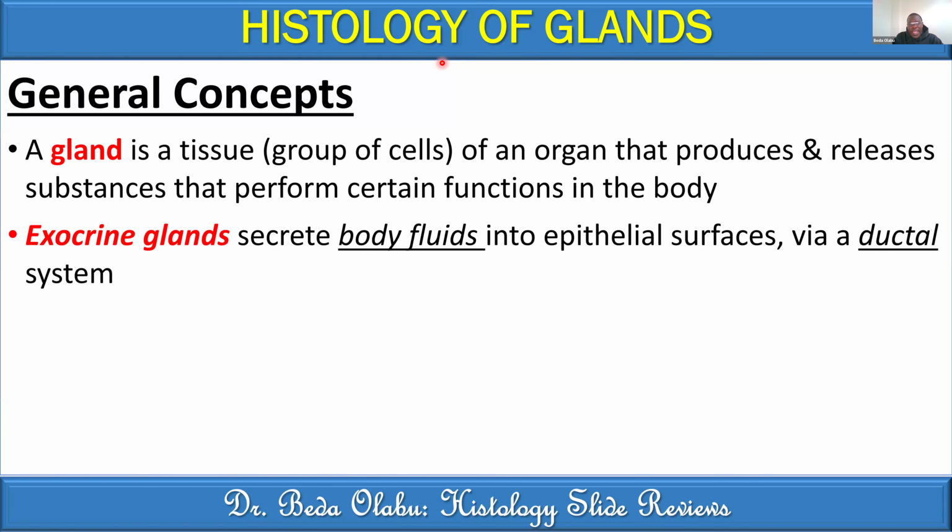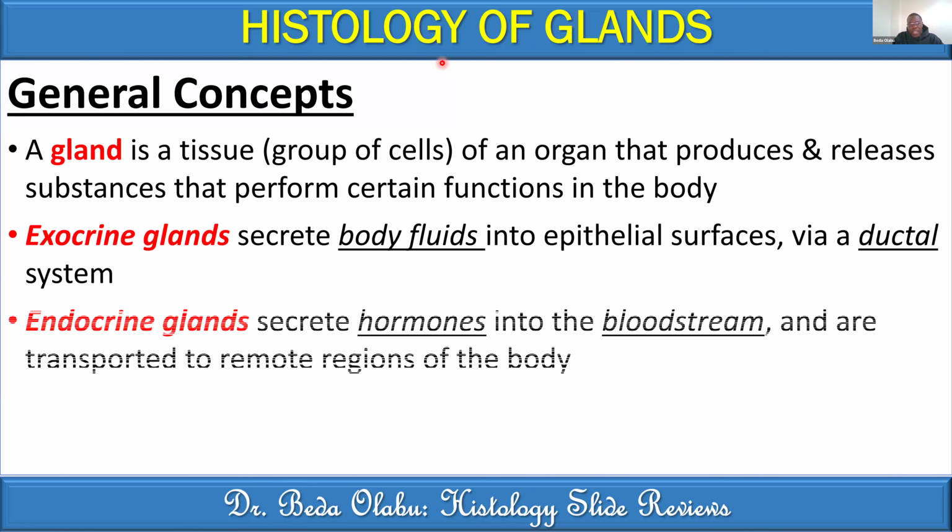So that is exocrine. Endocrine glands, on the other hand, produce hormones. Now remember, hormones are biological chemical messengers which are released into the bloodstream. And the reason why hormones are released in the bloodstream is because this chemical messenger needs to travel to the target cell, but we need to enhance the mechanism of its transport.